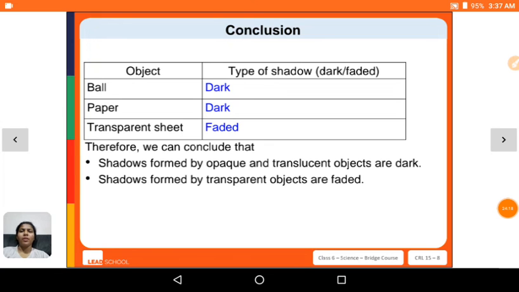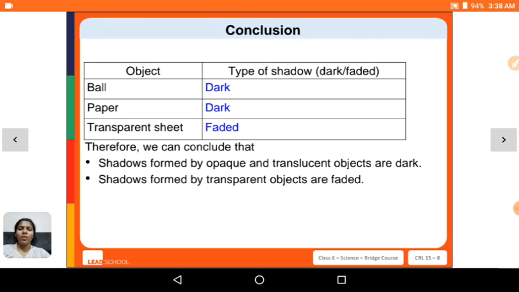From this experiment, we have learned that opaque objects form distinct clear shadows because they do not allow light to pass through them. So there will be a dark clear shadow. Translucent objects form faded shadows since they allow light to partially pass through them.